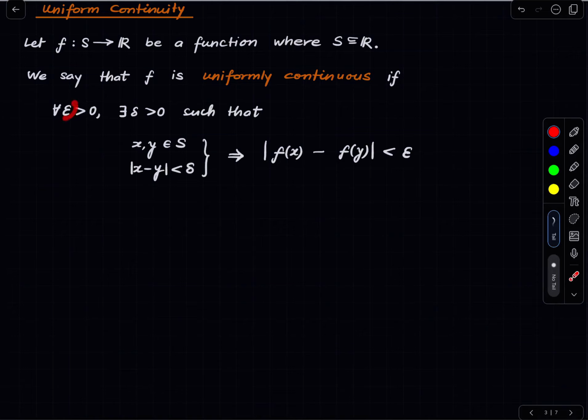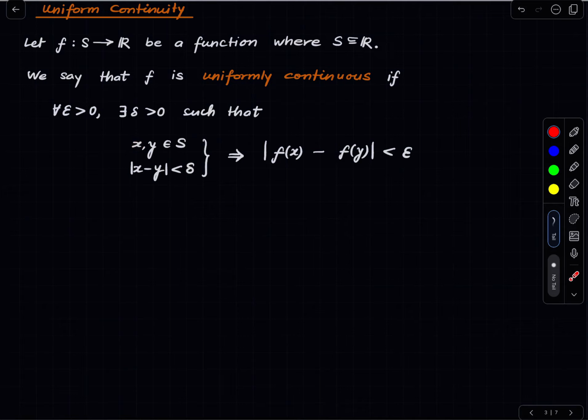So here, once you've chosen an epsilon, no matter which x you choose, as long as y is chosen within distance less than delta from x, the image points will be epsilon close. So the same delta is working uniformly everywhere. Different points do not demand different deltas. That is uniform continuity.